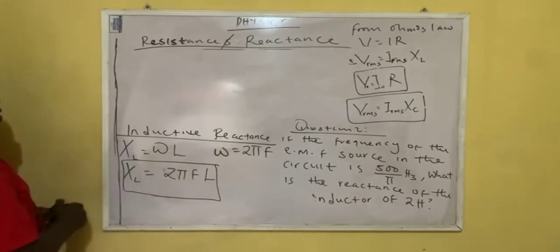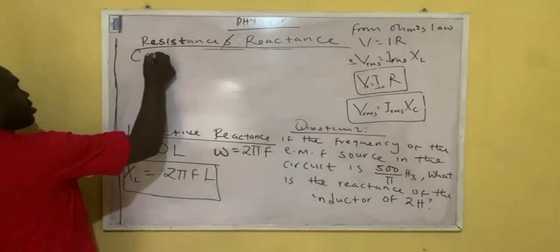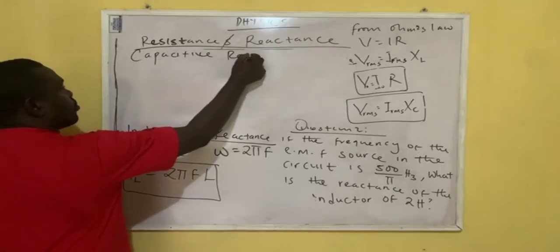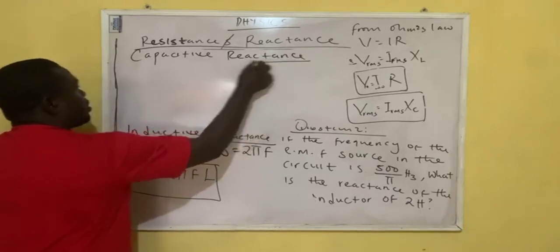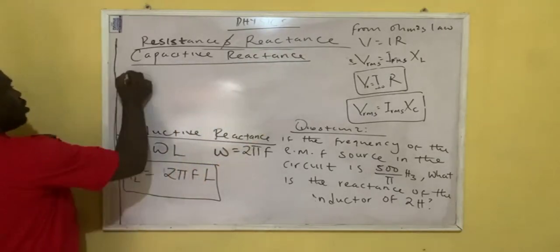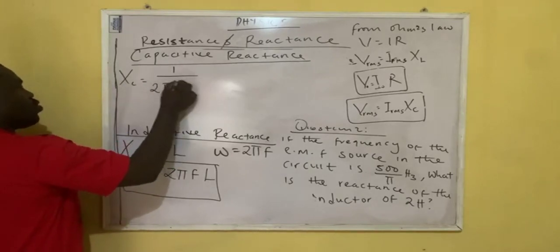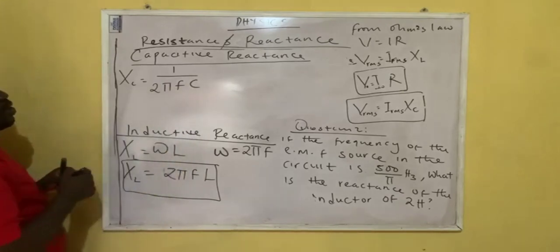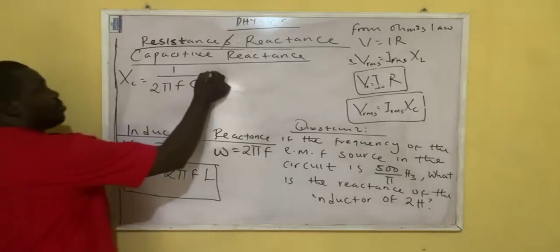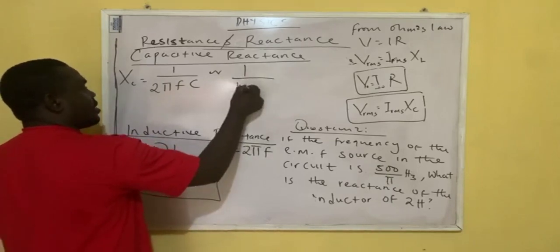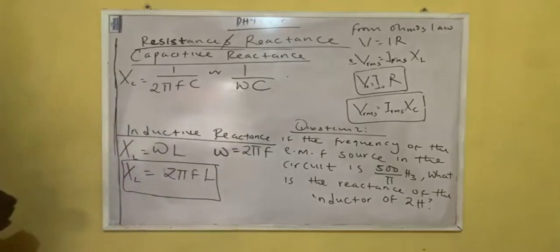So for capacitive reactance, you have your Xc equals 1 over omega C, or we could say 1 over 2 pi fC. Yes, so this is what you have for your capacitive reactance.